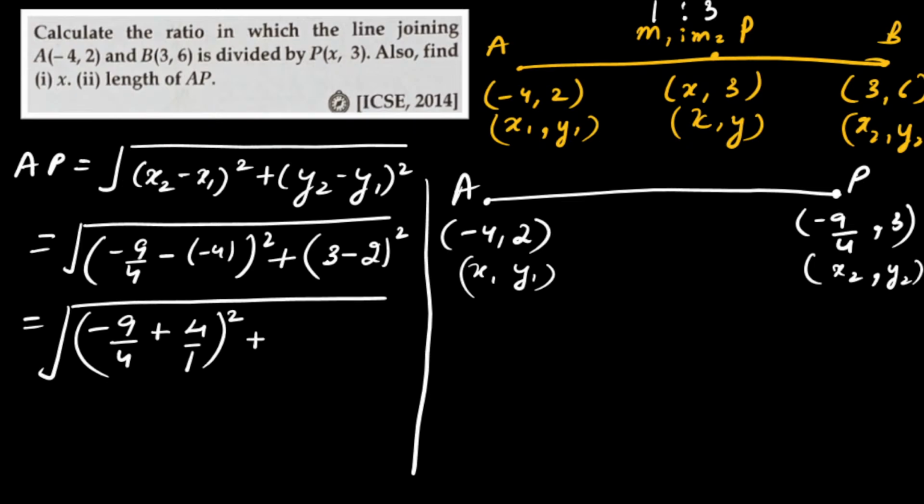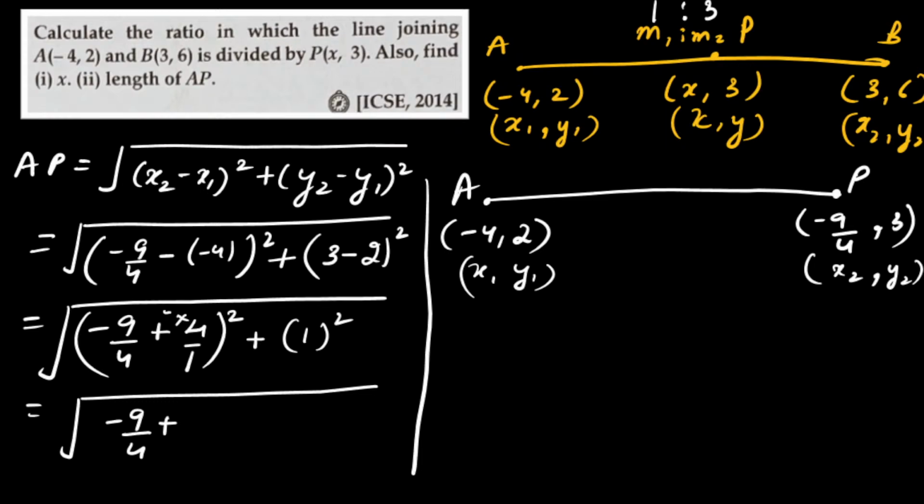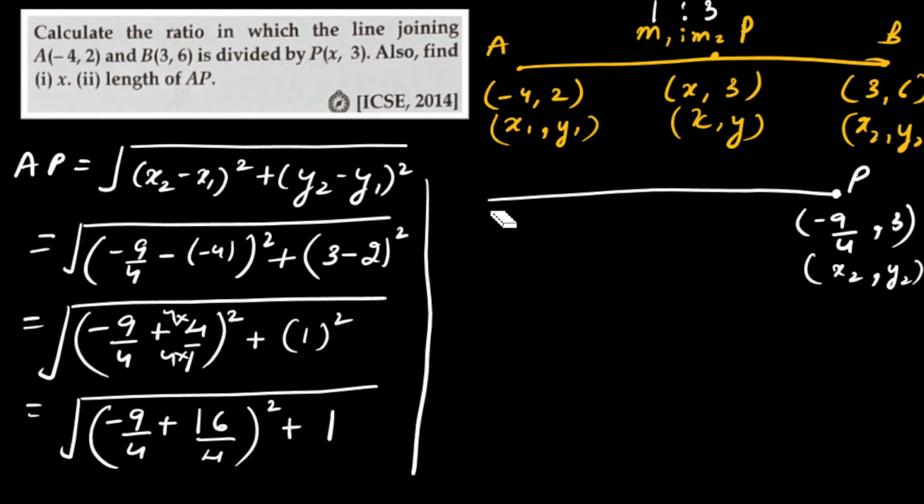This thing I can simplify: 3 minus 2 is 1, so 1 square. Now I have to take the LCM for this one. So -9/4 plus, with 4 we'll multiply, because we have to make the denominator the same. So 4 into 4 is 16, by 4 into 1 is 4. So we made the denominator the same. And 1's square is 1 only, so let it be 1.